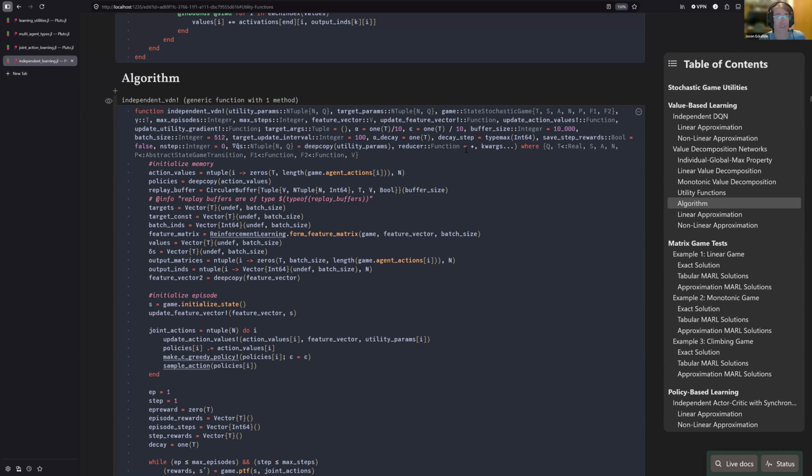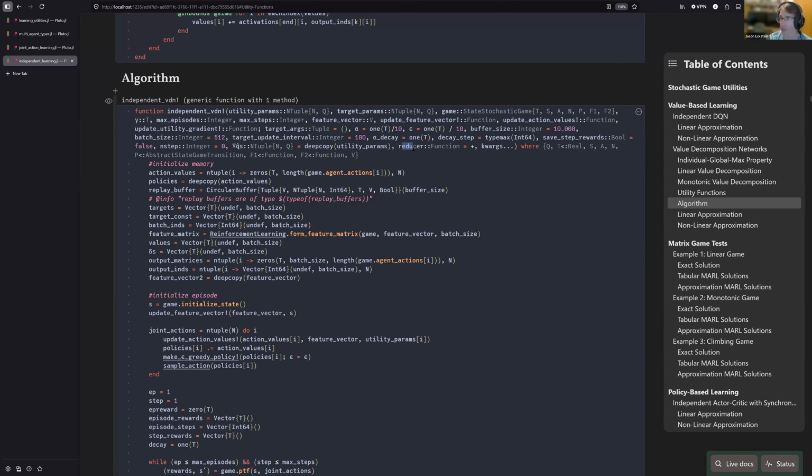This ends up being the same algorithm if the common reward they're getting is equivalent to the sum of the individual agent rewards in the problem. So you just have to scale the individual agent rewards to be the sum value divided by the number of agents. But by using this reduction function, you can apply this to any common reward game.